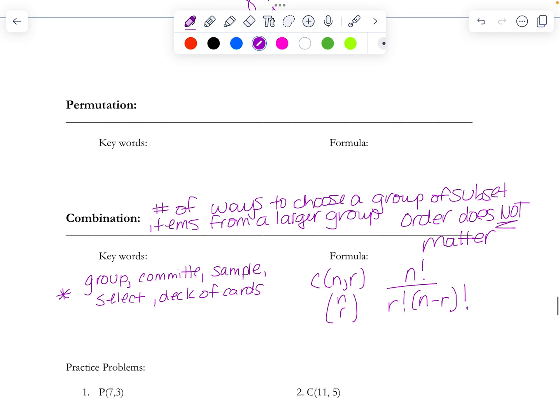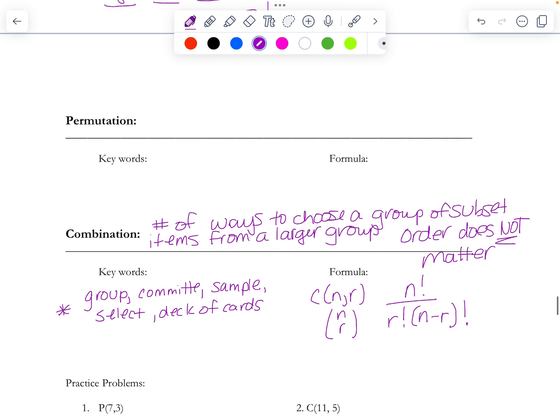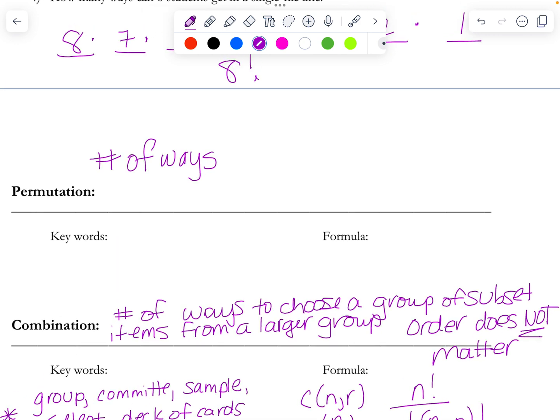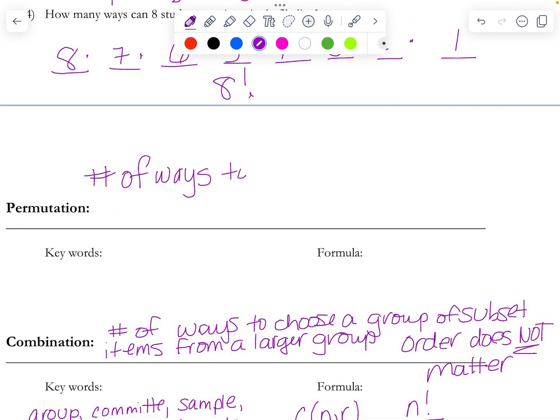Now, the difference between permutation is the number of ways to arrange certain items in a specific order.